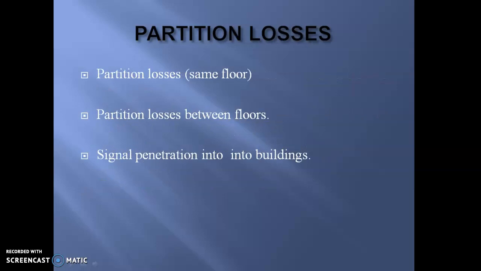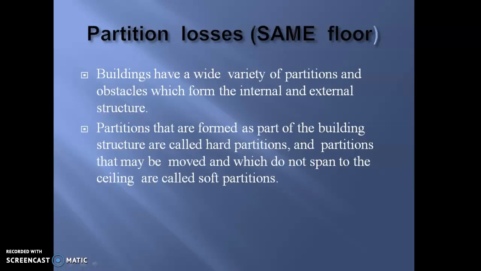Next we talk about partition losses: partition losses in the same floor, partition losses between floors, and signal penetration into buildings. What is partition loss in the same floor?